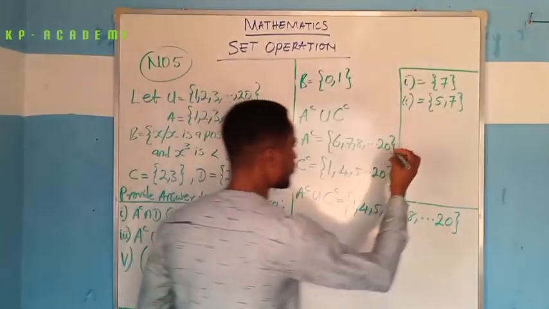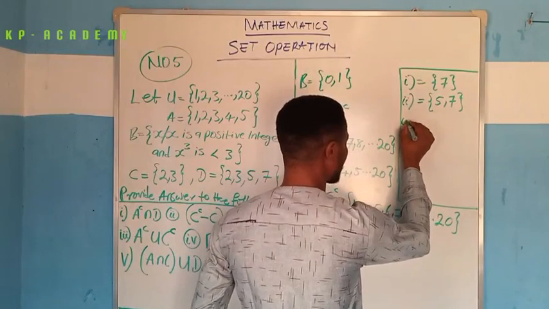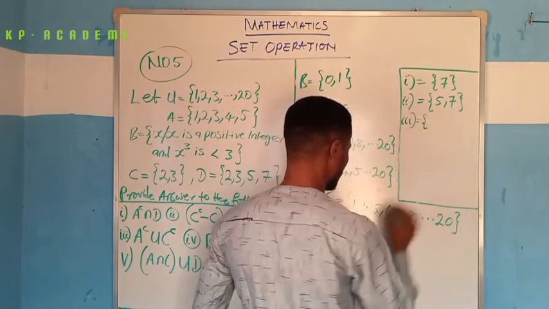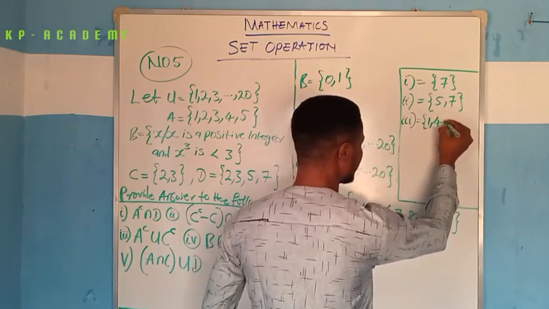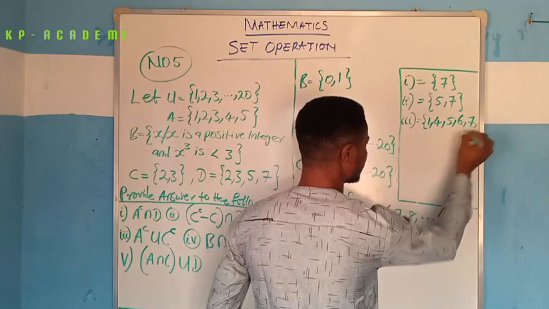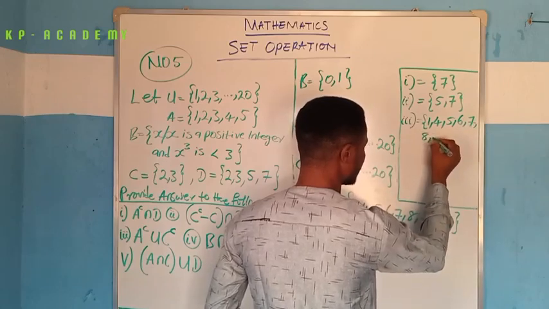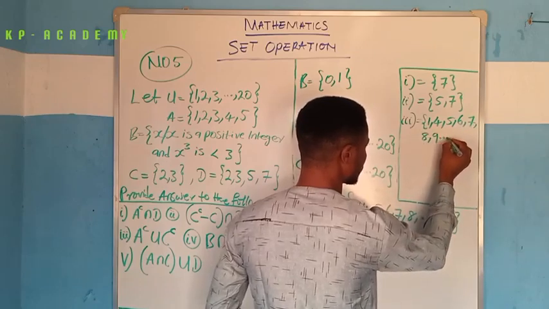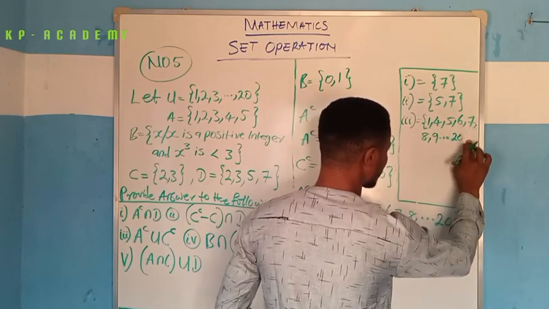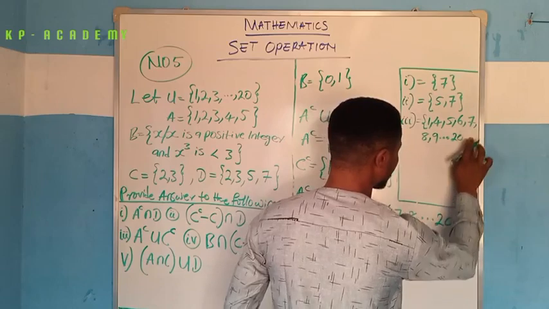That will be the answer for the I part of the question. So it's actually 1, 4, 5, 6, 7, 8, 9, down to 20. All right, so this is it for question I.